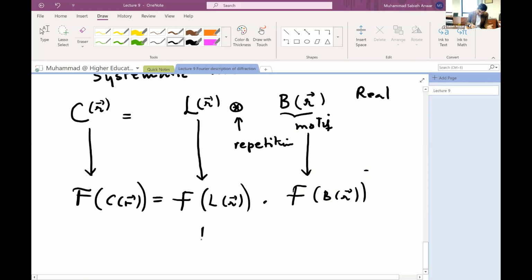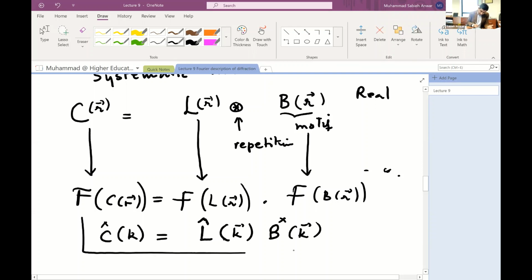So I can really represent L as a function of the K vector, which is proportional to 1 over the length. Just to differentiate between the lattice and its Fourier transform, I can put a hat on top of L. So I have L hat multiplied with B hat, and this must equal the Fourier transform of the crystal.